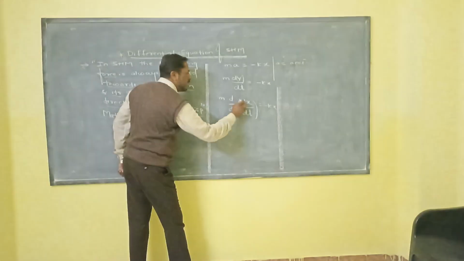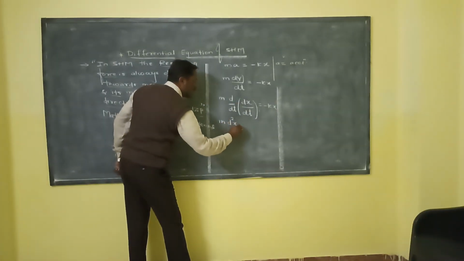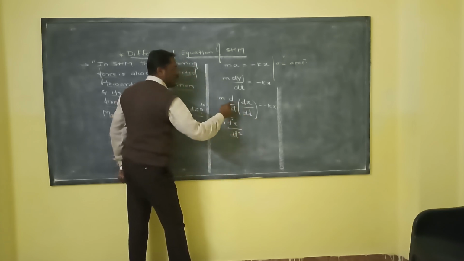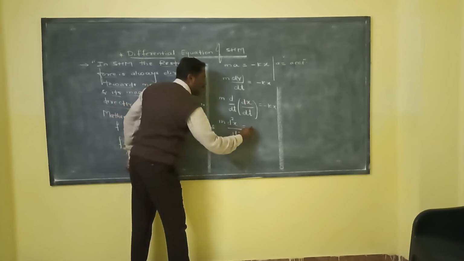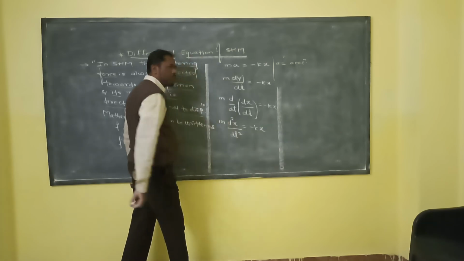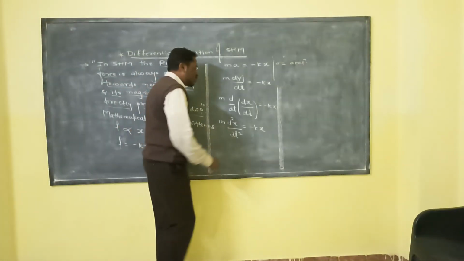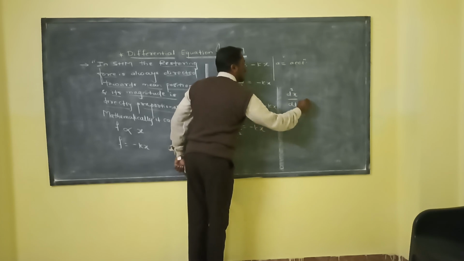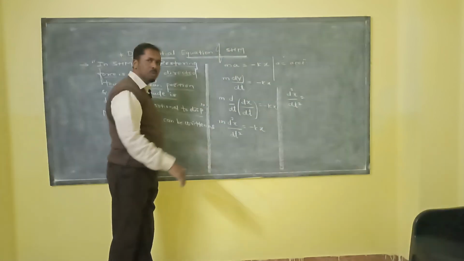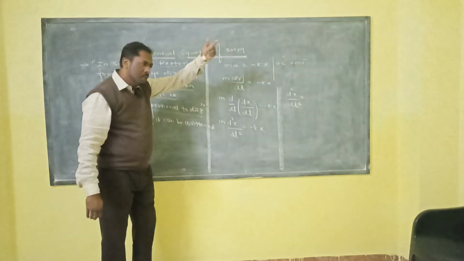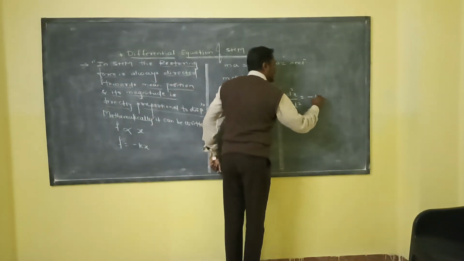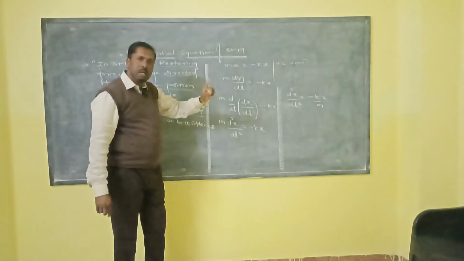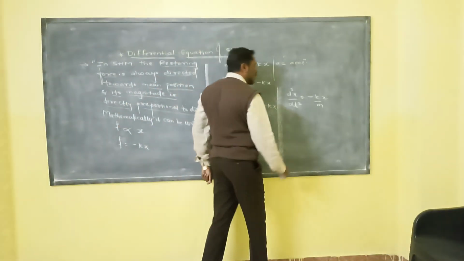So we get m into d square x by dt square is equal to minus kx. It can also be written as d square x by dt square is equal to minus kx, where m goes to the denominator.